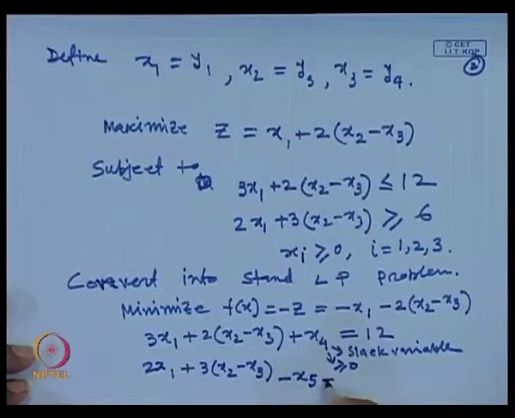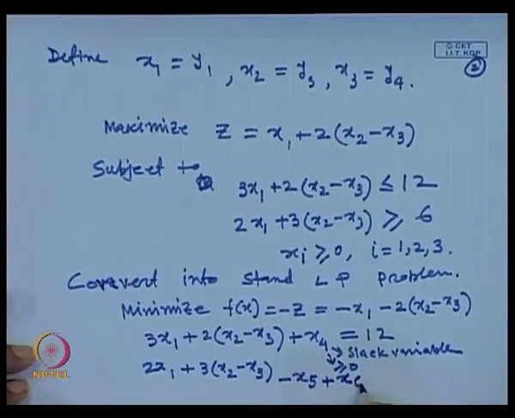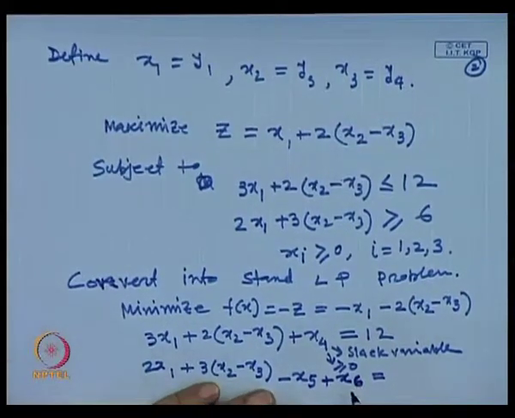So, in addition to this one, I am adding another new variable, that is called an artificial variable.